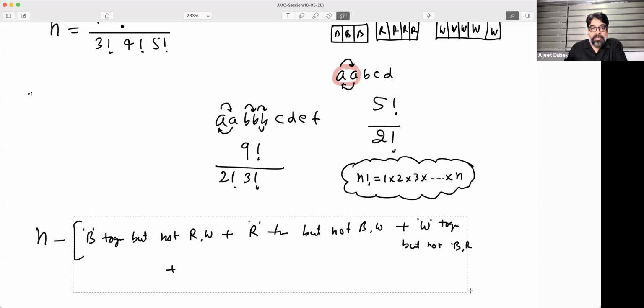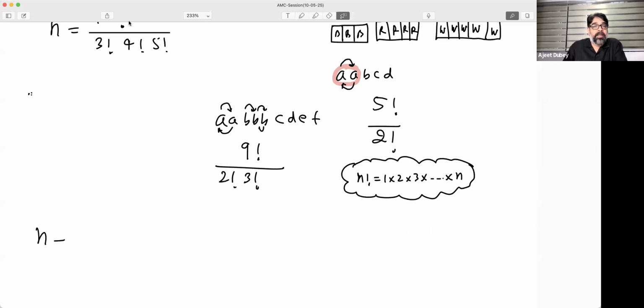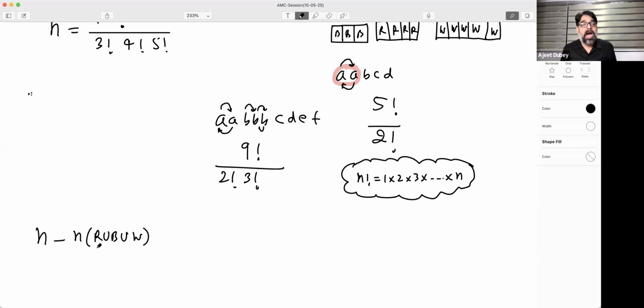Let me write it another way. Can I write this as n minus n of R union B union W? R means red balls are together, B means blue balls are together, W means white balls are together.